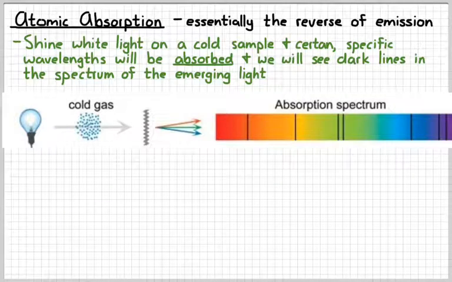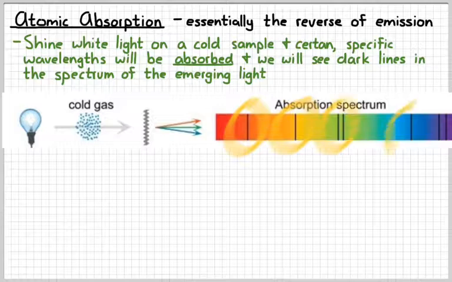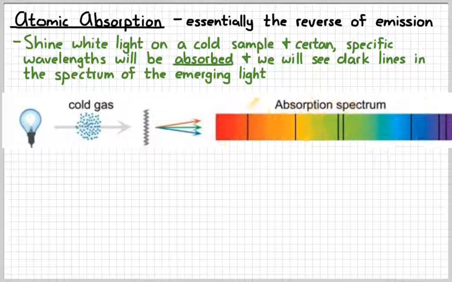And the picture is going to look something like that, where we would see one narrow little line, 2, 3, 4, and so on and so forth, narrow lines of light that are missing. All the colors are there except those specific wavelengths. Those wavelengths were absorbed by our cold gas.